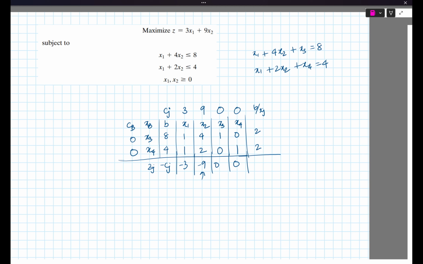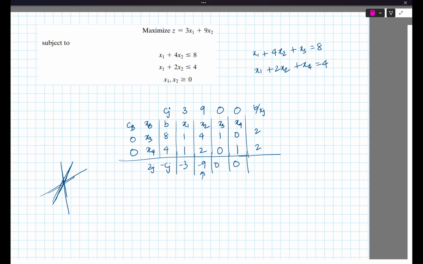Yes, maybe. So you have to look at it. Basically, degeneracy means you have some redundant constraints, maybe an extra constraint passing through the same column.